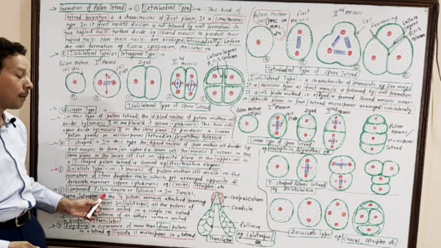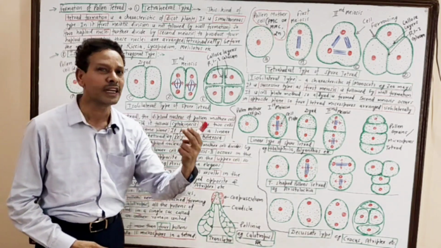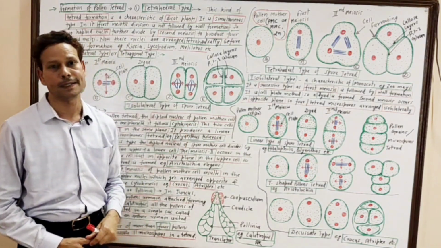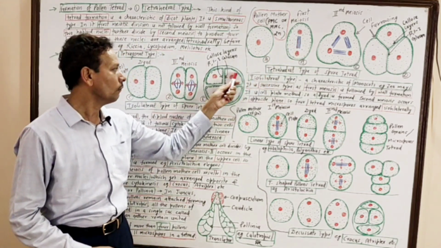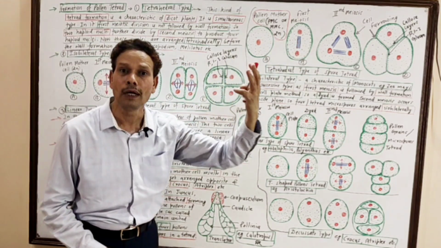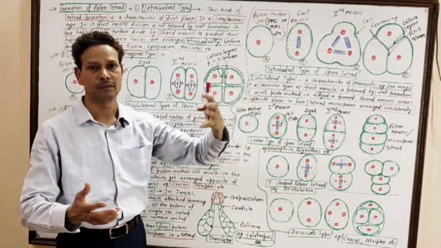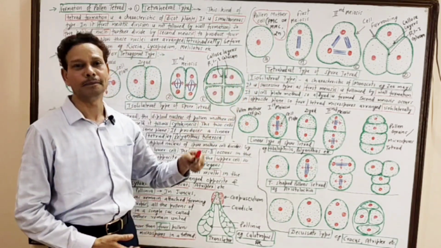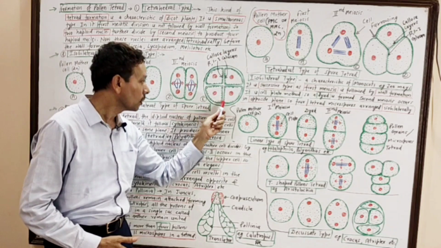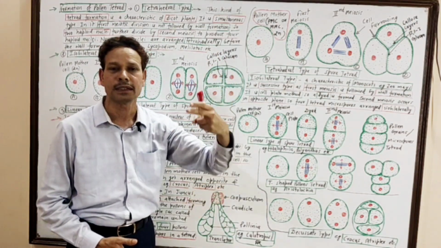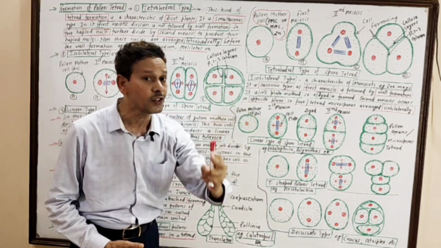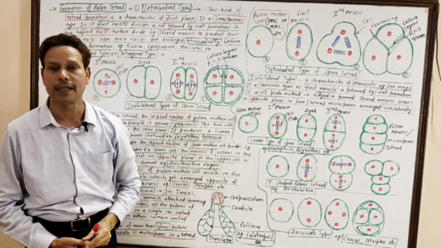Next type is compound pollen grains. Dear students, in all these tetrads, all four microspores, four pollens, become free. These are separated by these callose layers, beta-1,3 glucan layers, and these layers get digested by an enzyme, that is callase.